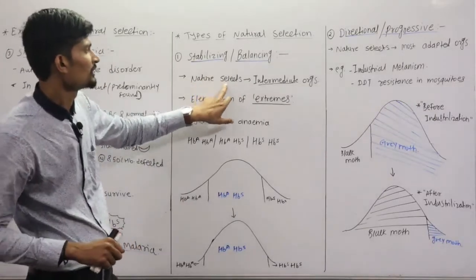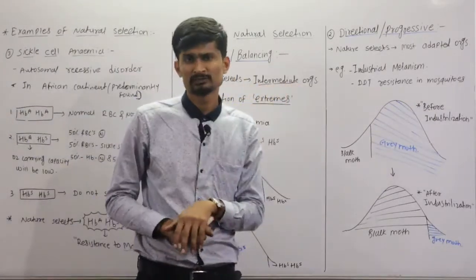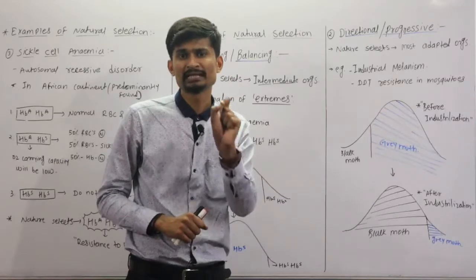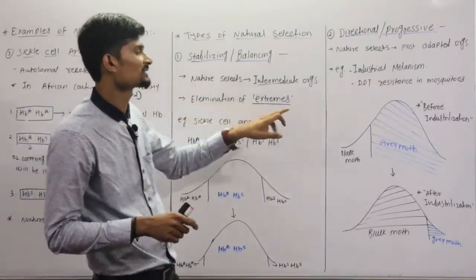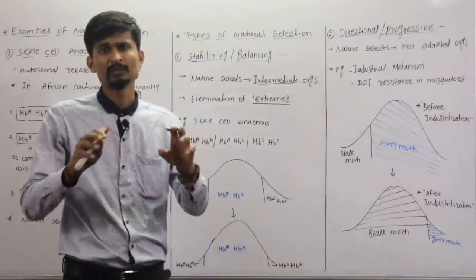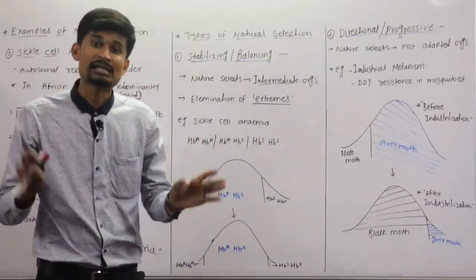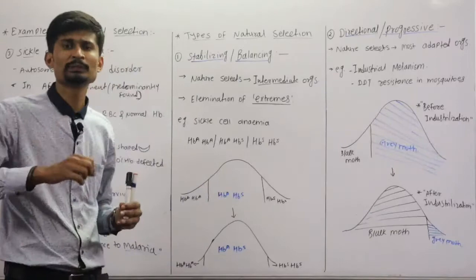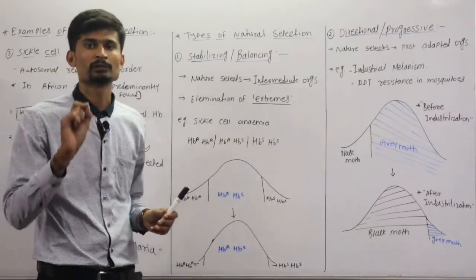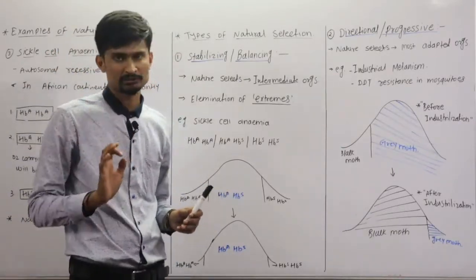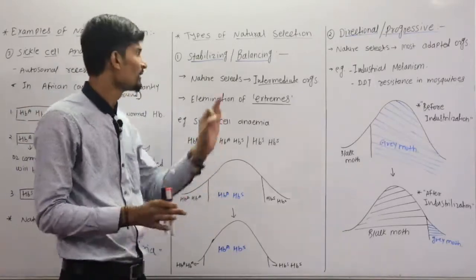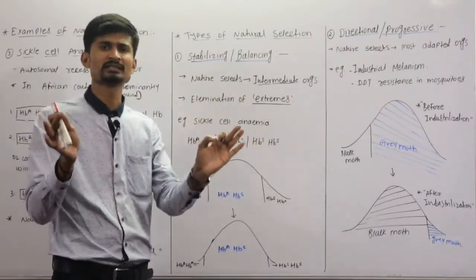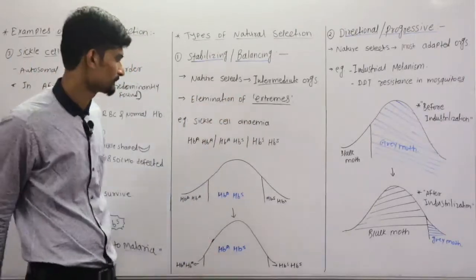Nature selects the intermediate organisms, and there is an elimination of the extreme organisms which are present at the extreme level. Those organisms will be eliminated from that particular region or from the population. We will see the example, then you can easily understand the stabilizing or balancing type of natural selection.